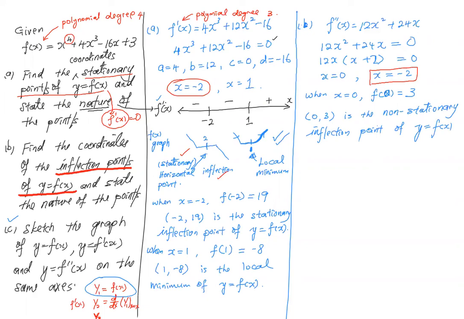The other one I don't have to count because I've counted here, correct? But I have to write down (-2, 19) is the stationary or horizontal inflection point of y equal to f(x).